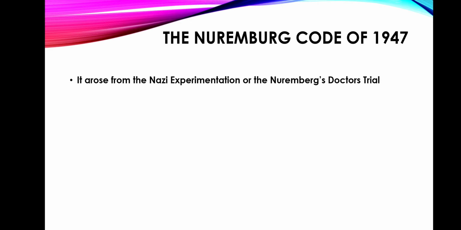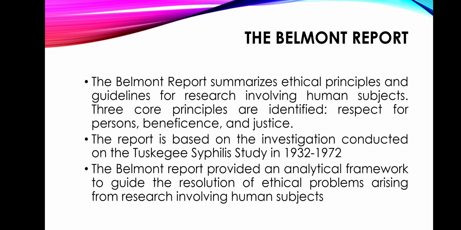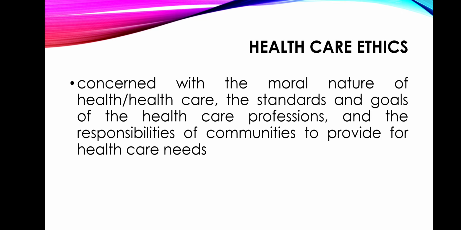These are guidelines that we need to follow in order to ensure that there are no violations of human rights and no violations of ethical principles. So those are some of the precedents that led to the creation of other principles in bioethics.